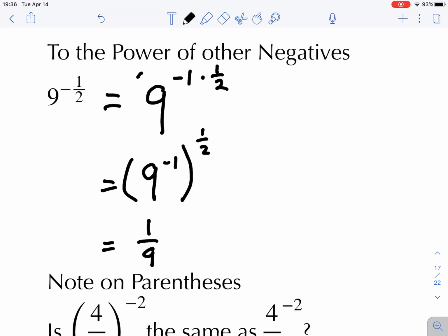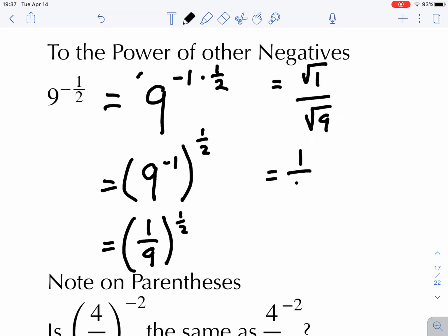Now 9 to the negative 1 is the reciprocal of 9, so this is 1 over 9 to the power of 1/2. Now 1/2 is the square root, so this is going to become square root of 1 divided by the square root of 9, which is equal to 1 over 3.